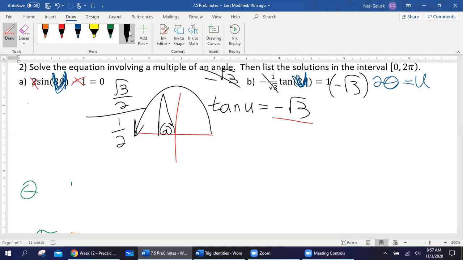So what does that tell me? That tells me the angle is 2 pi over 3 plus k pi, because remember, for tangent, the period is only 1 pi. But again, we just solved for the letter u, but u was 2 theta.